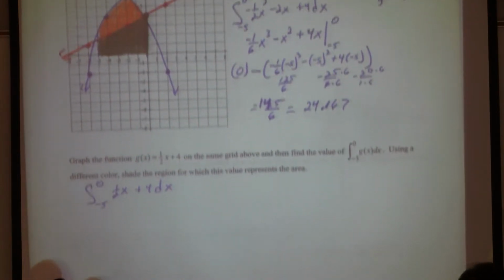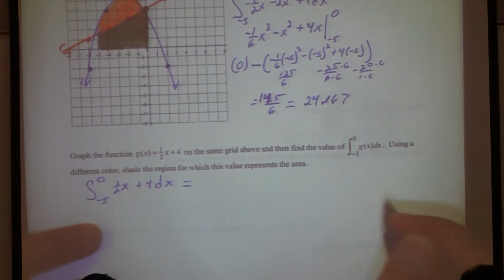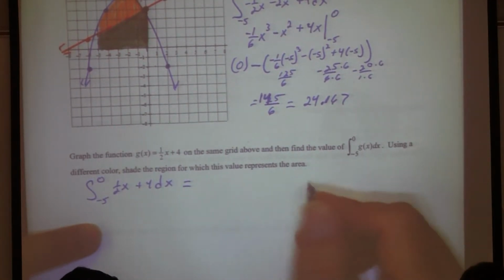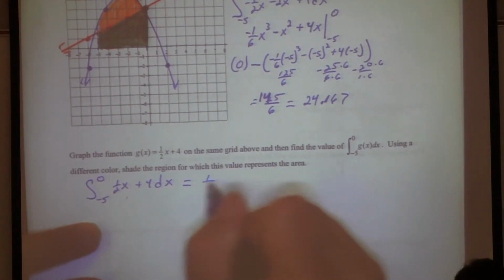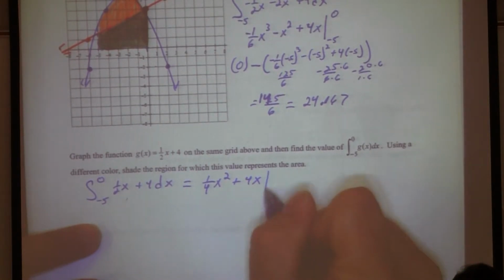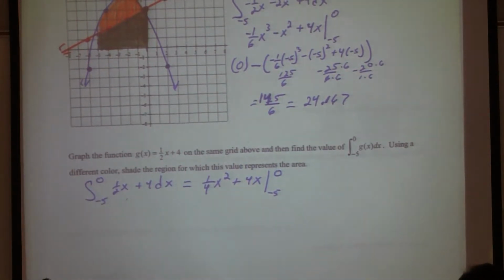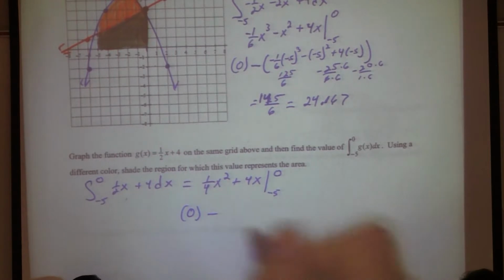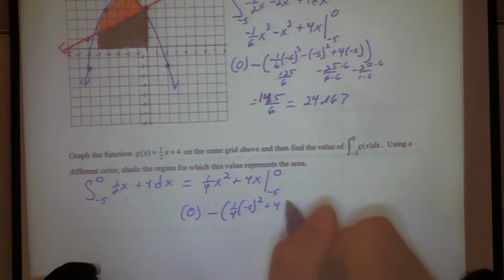What would its antiderivative be? We add 1, we get 2, and we divide by 2. 1/4 x squared plus 4x evaluated from -5 to 0. Plug in 0, you get 0, minus, plug in -5. 1/4 times -5 squared plus 4 times -5.